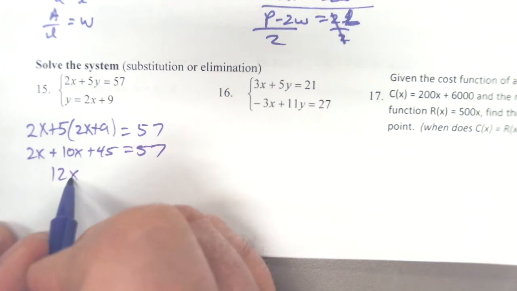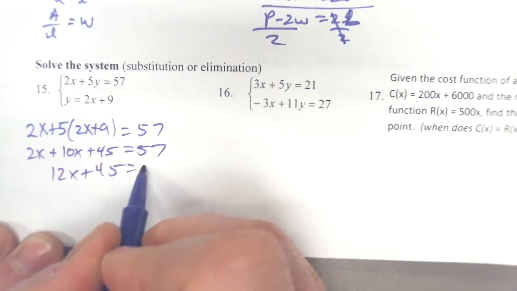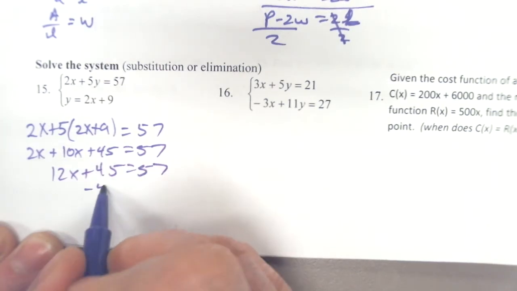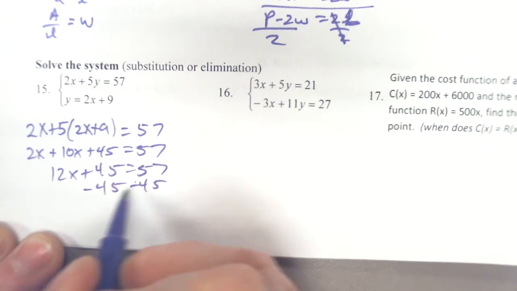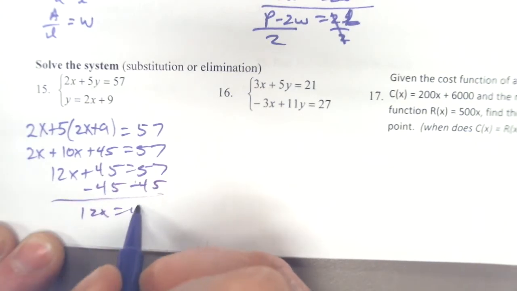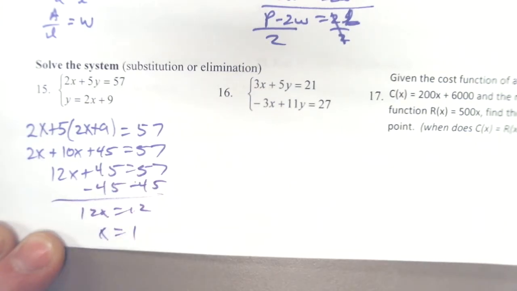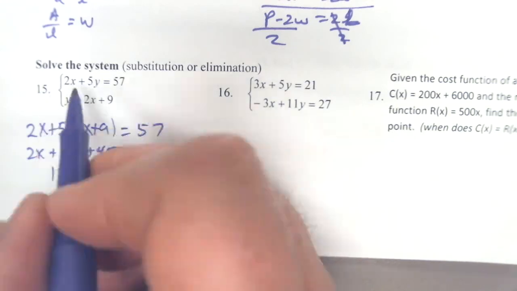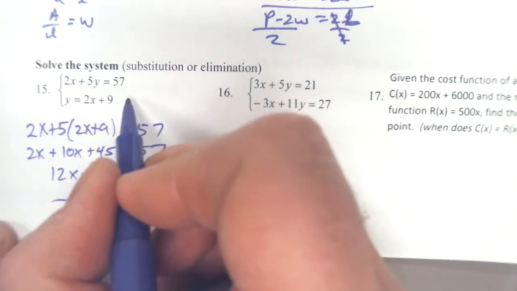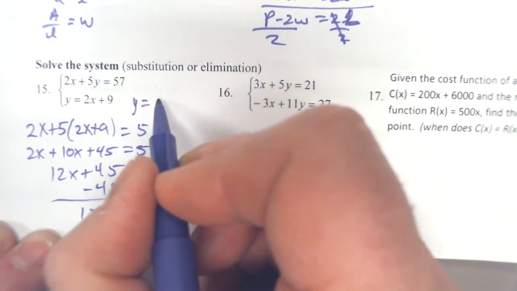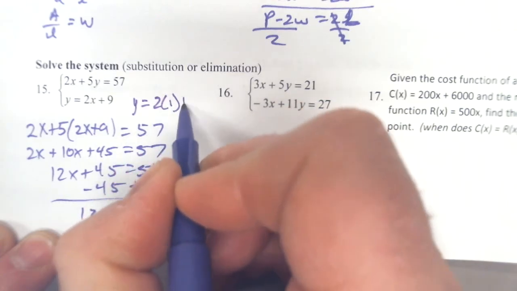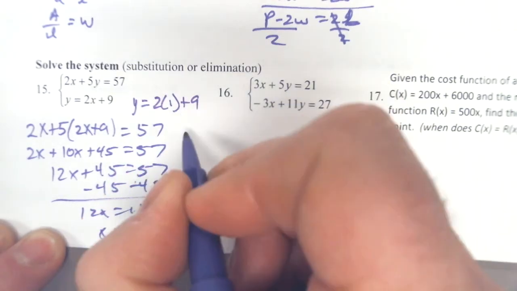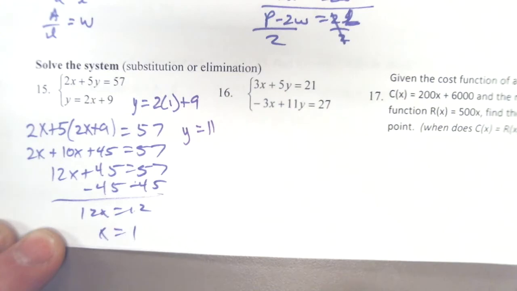Putting like terms together, subtracting the 45, I get 12x equals 12, so x equals 1. We need to substitute that back into one of the original equations to get the y value. If I plug it into here, I get y equals 2 times 1 plus 9, or y equals 11.